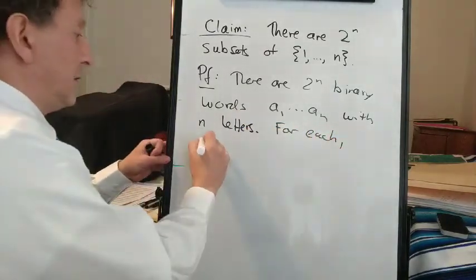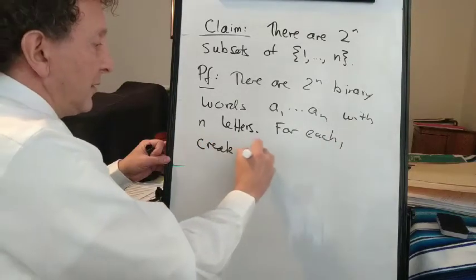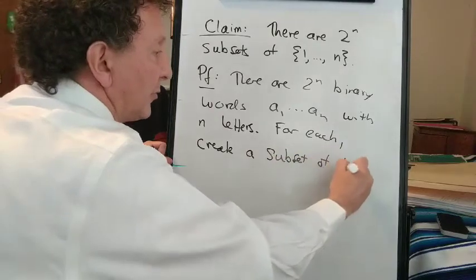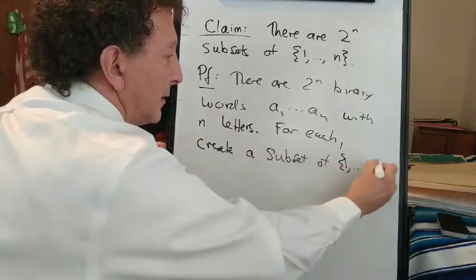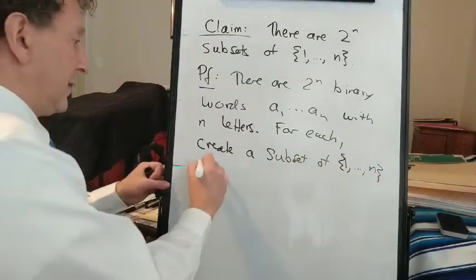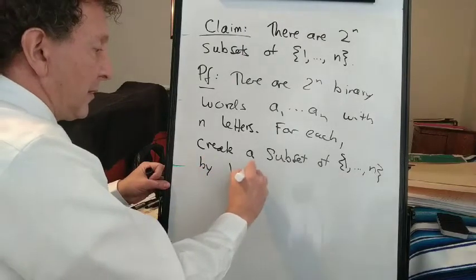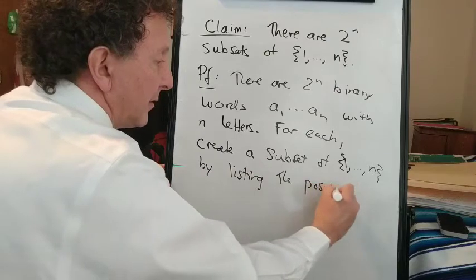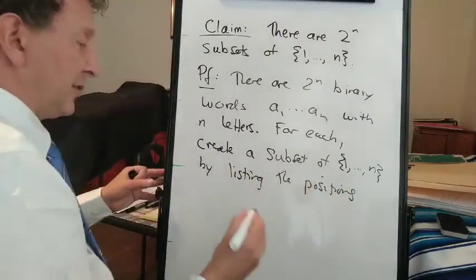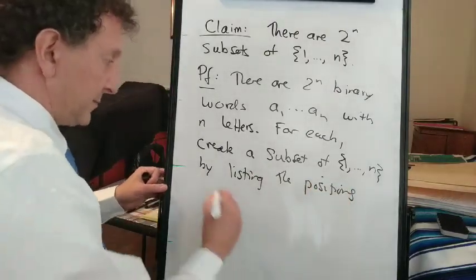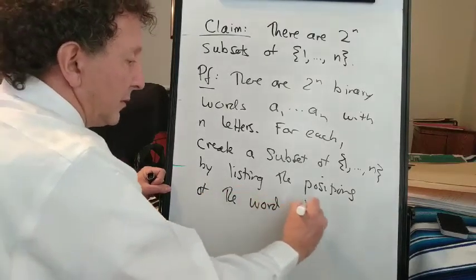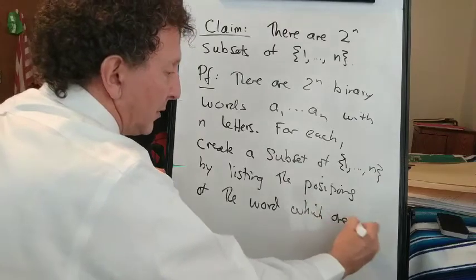For each one, create a subset of 1 through n just by listing the positions of the word which are 1.